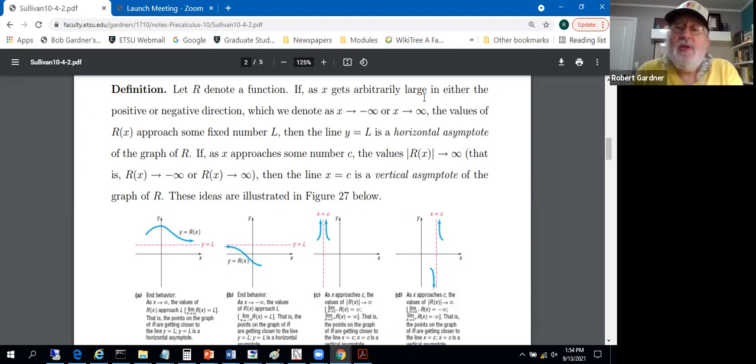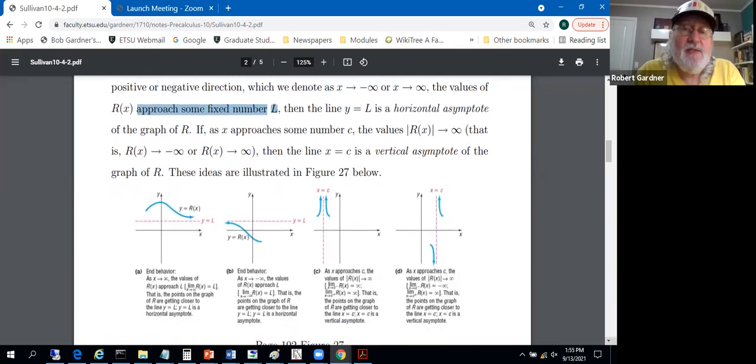What does it mean to get arbitrarily large? What does it mean to approach this number L? Well, those are calculus ideas, so we have to leave this fairly informal here. You will formalize all this when you can deal with the infinity symbol in a rigorous way, and you do that in calculus, in terms of limits.